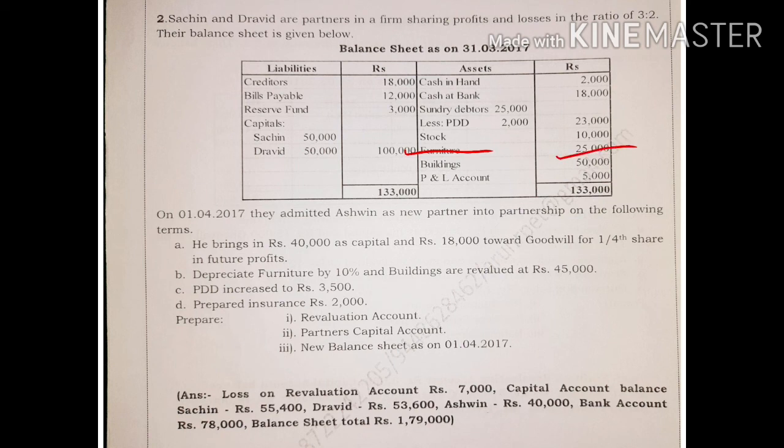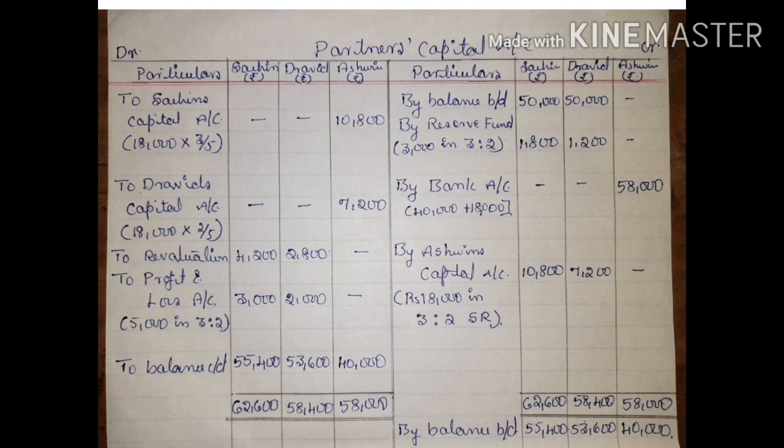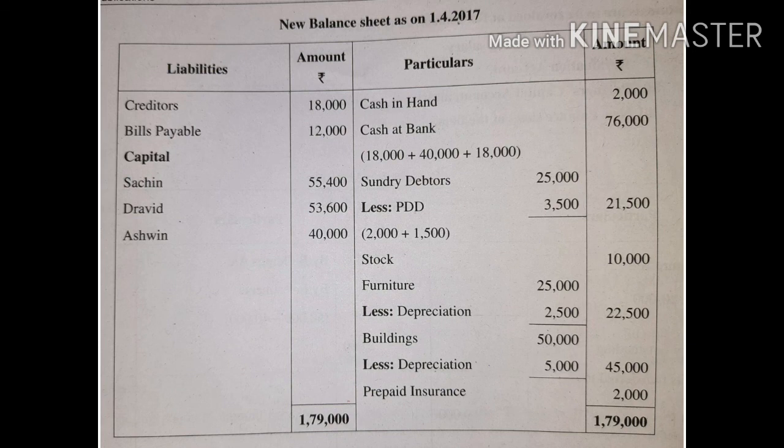Is there any information in the additional information? Yes, depreciate furniture by 10%. So we have to consider that change. So furniture 25,000 less depreciation, decrease, 2,500. Now the value of furniture how much? 22,500.